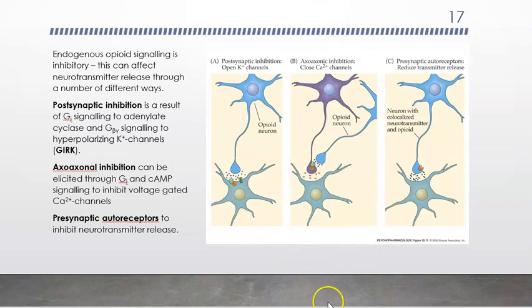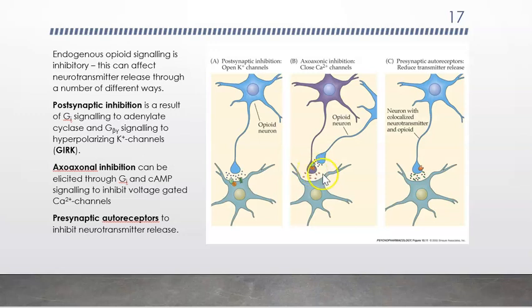Now, the second type of inhibition that an opioid neuron can do is axonal inhibition. And this one is again related to the Gi receptor. But here we've got a presynaptic cell, a postsynaptic cell, and then our opioid neuron. So the opioid neuron is sending signals to the axon of the presynaptic cell, and it's inhibiting the presynaptic cell from releasing a neurotransmitter to the postsynaptic cell.